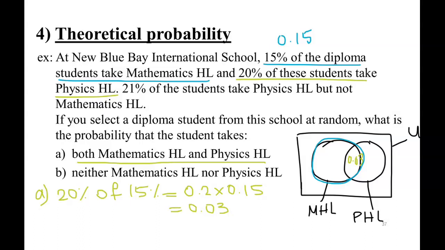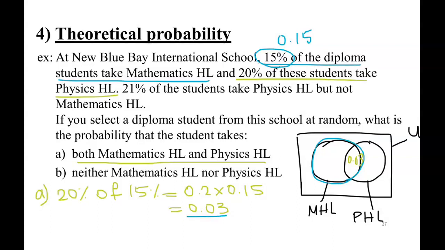So I already have 3% of them in the Venn diagram. So the number of students taking only Math HL and not Physics HL is 15% minus the 3% we have here.